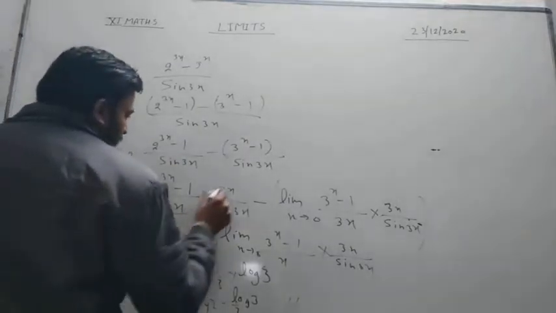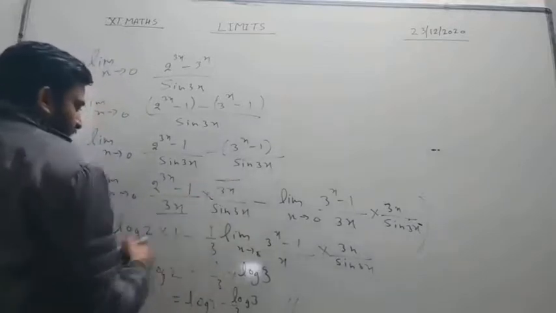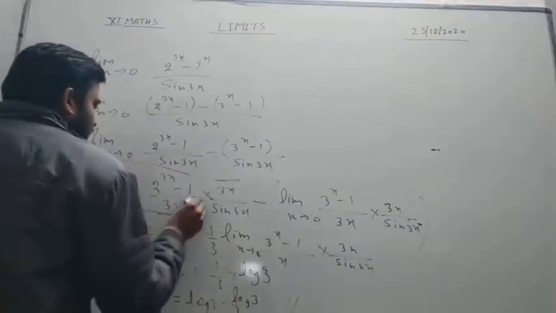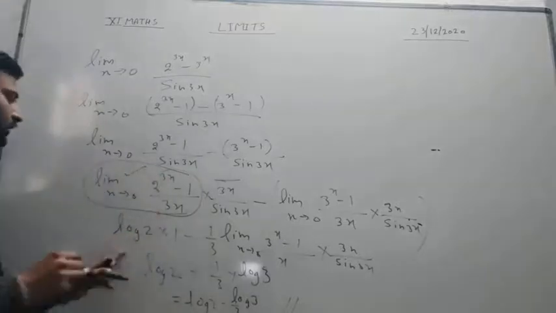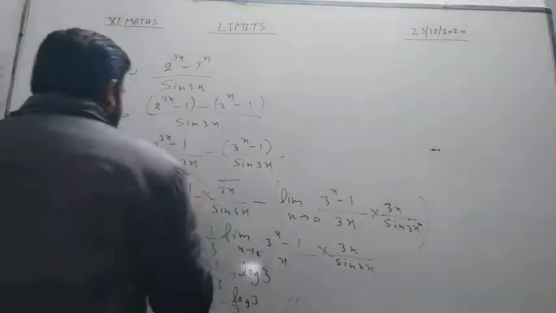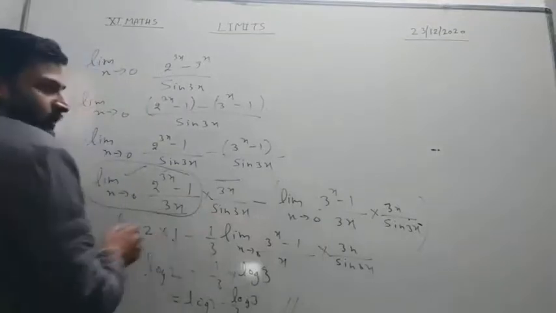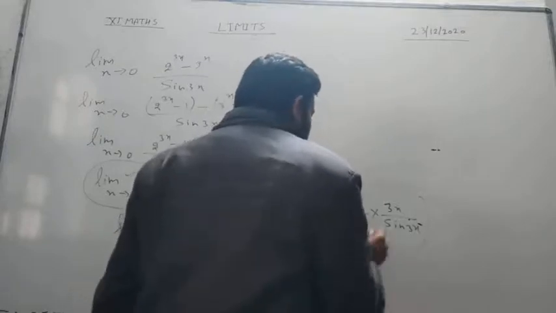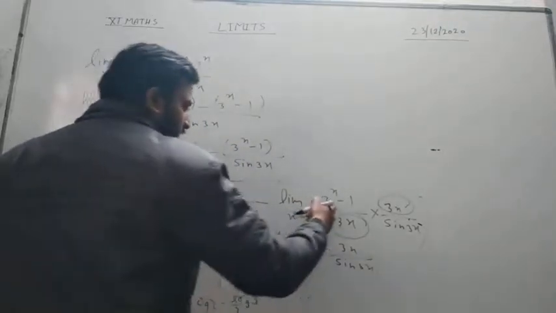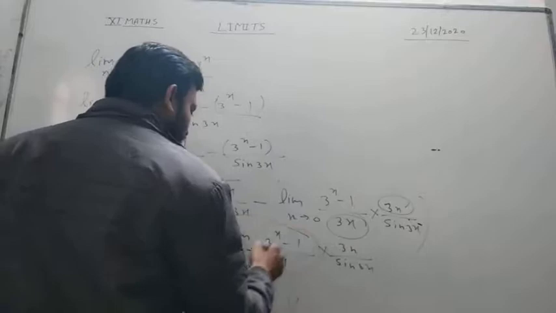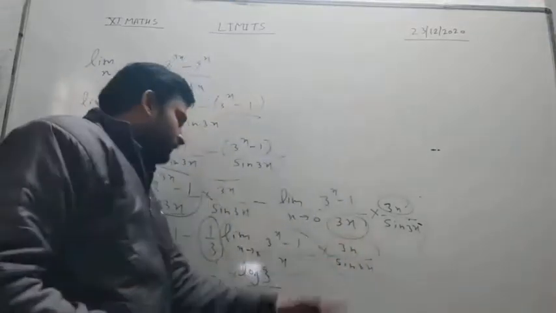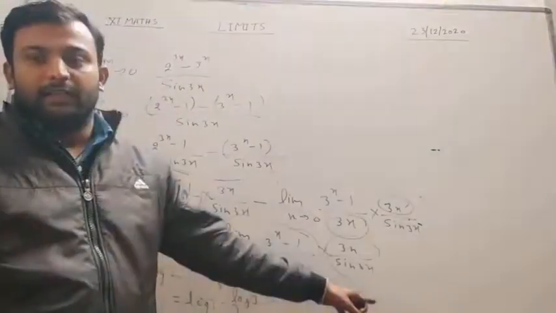Now we multiply and divide this with 3x. What we are seeing is that this term is log of 2, and when we take the limit with this, it gives us 1, minus this term. Here we again divide and multiply with 3x, and taking this 1 by 3 outside here, this part is equal to log of 3, and when we apply the limit here, we get 1.